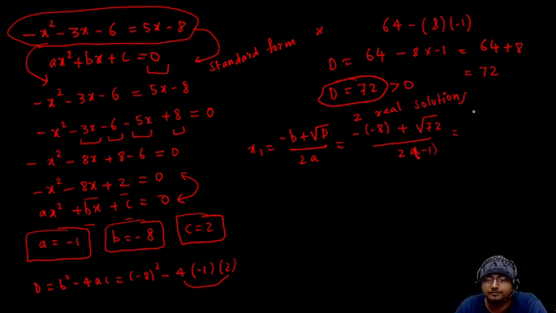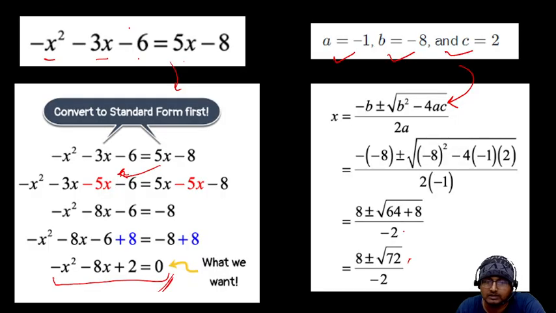So minus of minus 8 will become plus 8, plus root 72, divided by minus 2, because 2 into minus 1 is minus 2. So x1 will become 8 plus root 72 divided by minus 2. Yes, that is your answer.